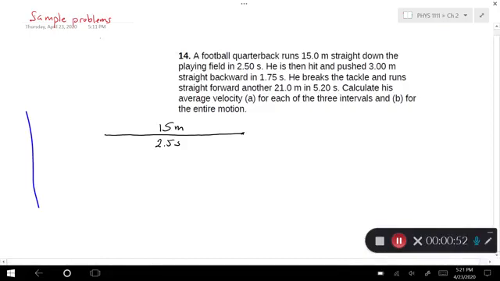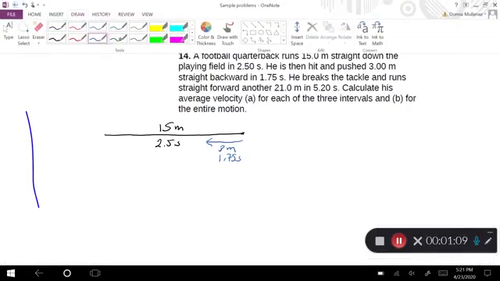And then he gets hit and is pushed 3 meters backward. So then he goes this way for 3 meters, and it takes 1.75 seconds to get pushed back that far.